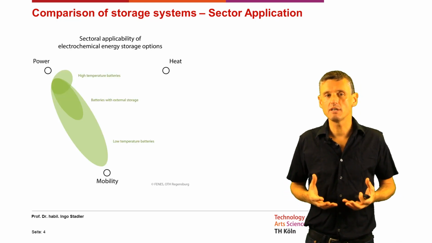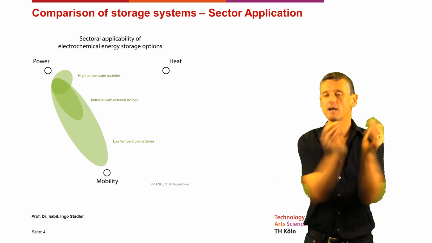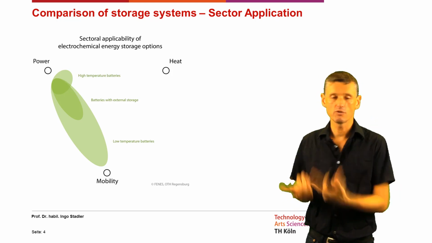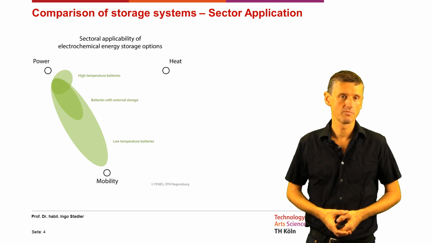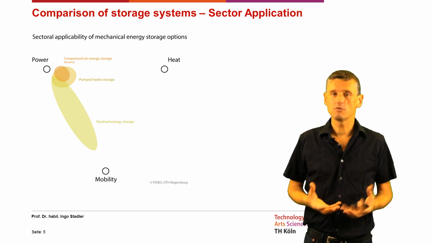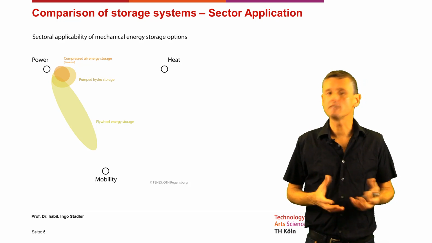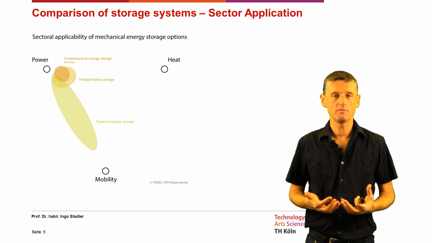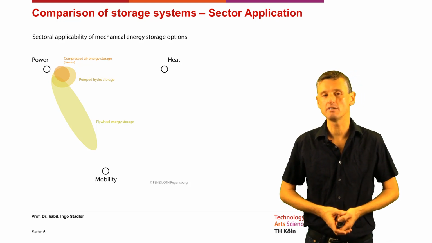When we talk about electrochemical energy systems, the typical batteries, again they are applied in the power sector, but when thinking of electric cars, they also have a strong involvement in the mobility sector. Discussing the mechanical stores, pumped hydro storages or compressed air energy storage are the pure power sector, but there are maybe some exceptions when thinking of flywheels in tramway systems. Also they have their part in the mobility sector.